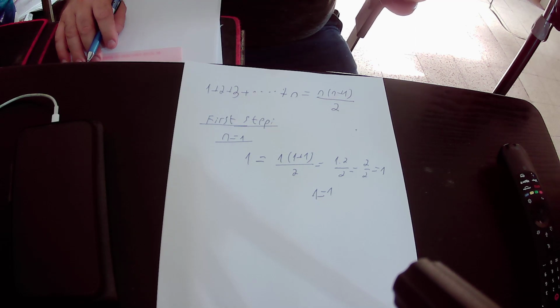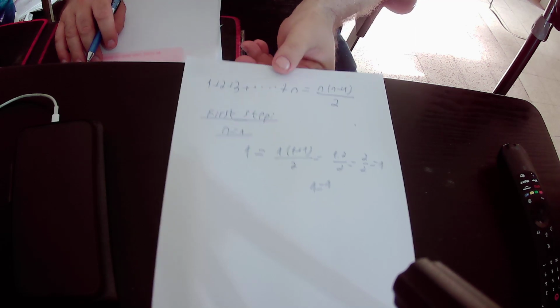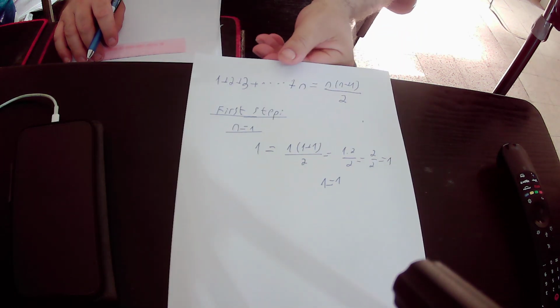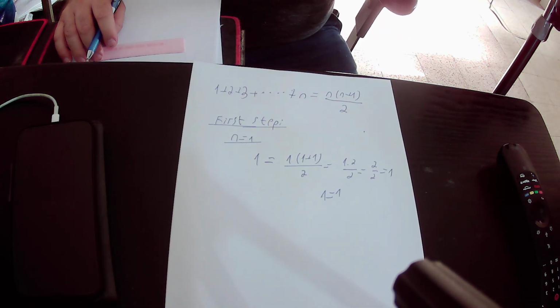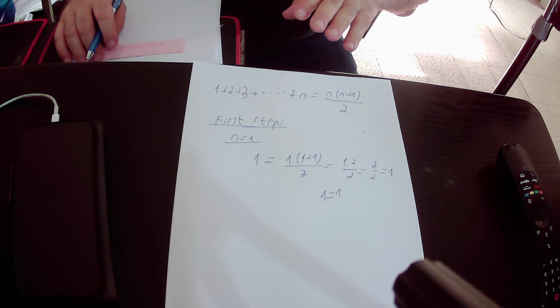Now the second step. In the second step we will assume that this statement is true for n, and then we will rely on that assumption in order to prove this statement or this claim or this equation for n plus 1.